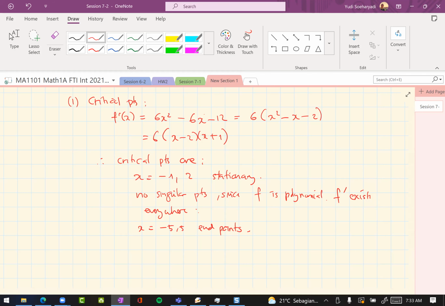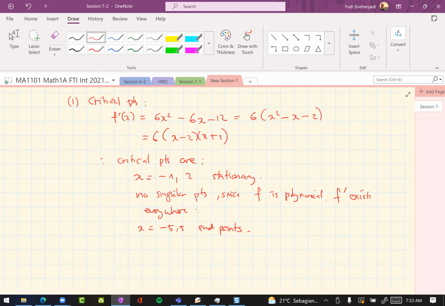So how do we draw a sign chart? Let's indicate all the critical points here: negative 5 and 5, the endpoints, and then negative 1 and 2.